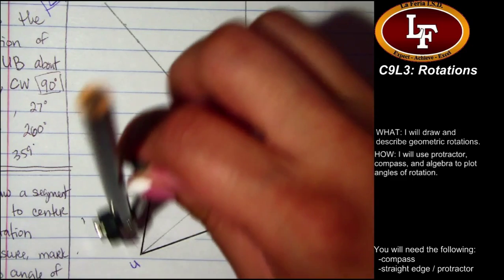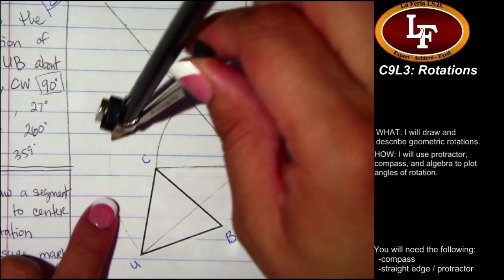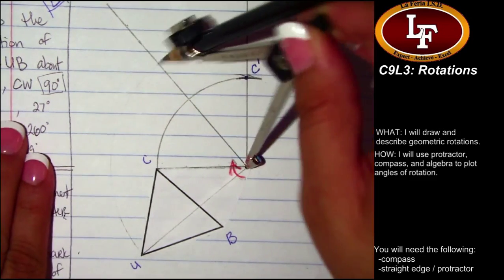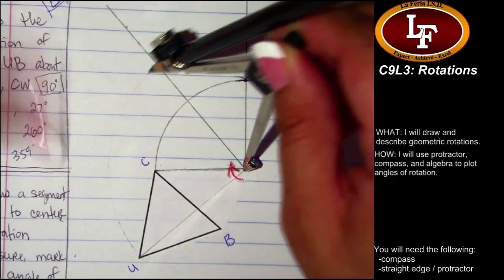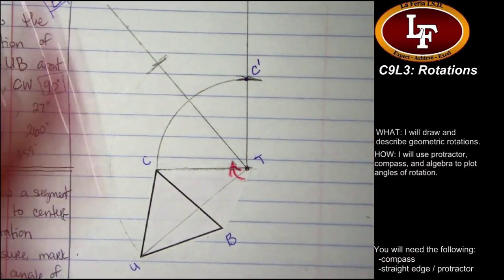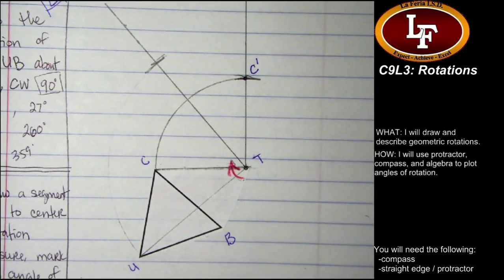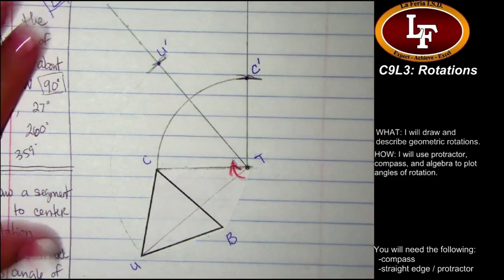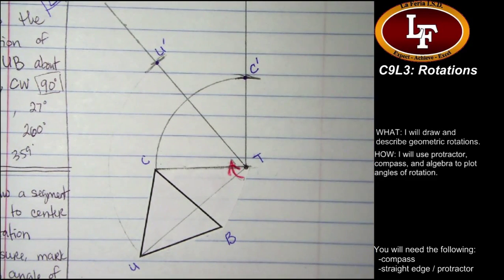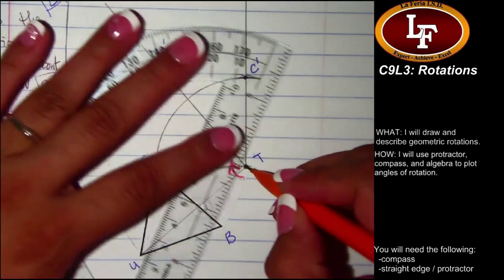Again, this is a moment where you don't have to draw this arc out here, though you're welcome to. You're really just interested in where that arc intersects the angle of rotation. That is the rotation of that point, U prime. Repeat for your final vertex.